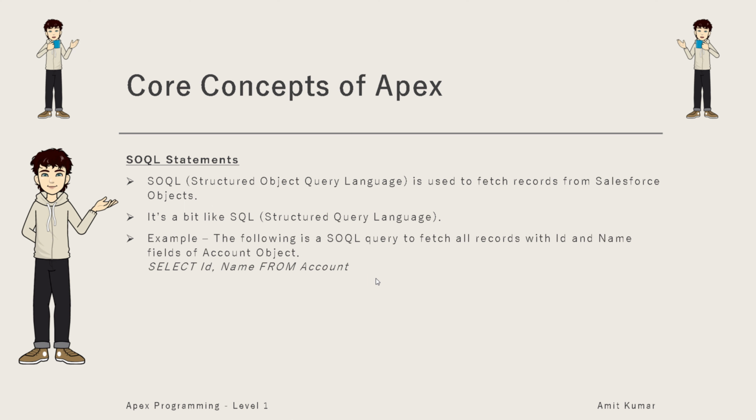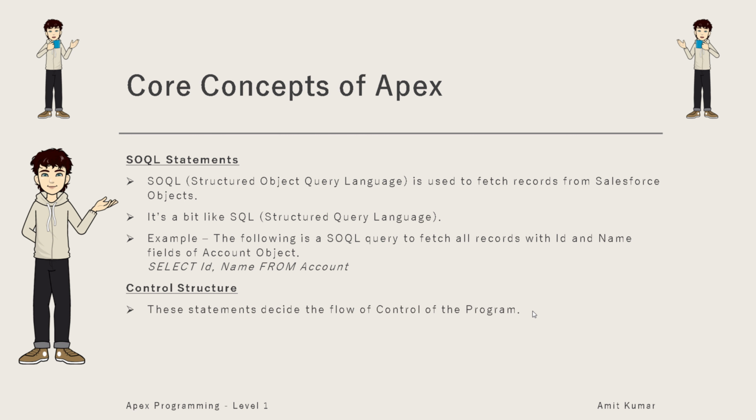An example of SOQL is written here, where we are fetching all records of the account object with ID and name. The statement looks like: select ID, name from account. So we mention the names of the fields that we want, and then after the from keyword we mention the name of the object.